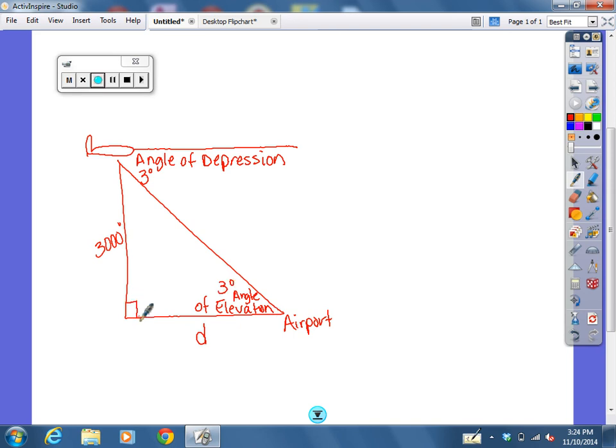So I can find the distance from where the airplane is to the airport by using trig functions. I've been given, let's see, this is my distance, so this is adjacent, and the 3,000 is opposite, and opposite and adjacent is tangent.